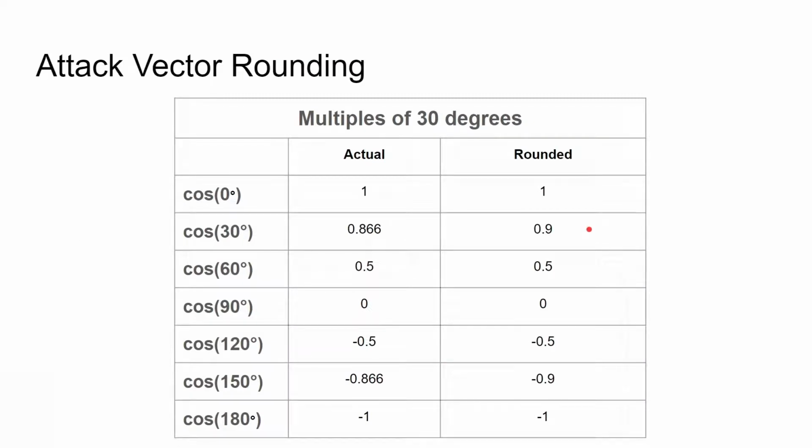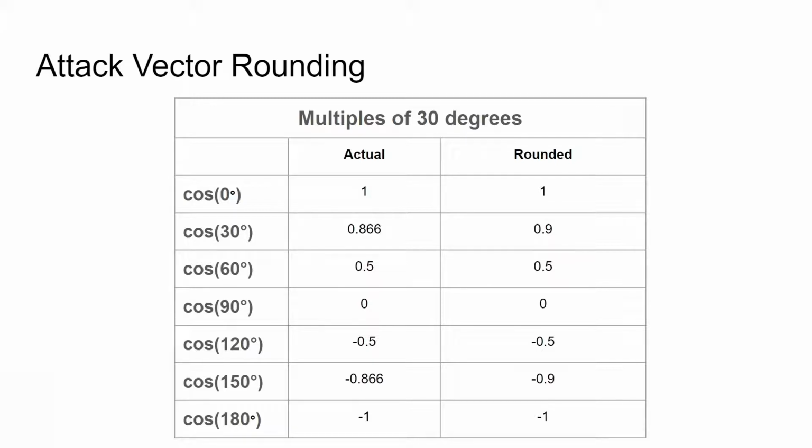Now, before going further, we need to talk about attack vector rounding. Attack vector does everything in multiples of 30 degrees. So your ship could be at angle 0, 30, 60, 90, 120, 150, and 180, and obviously this can wrap around to form the complete circle.